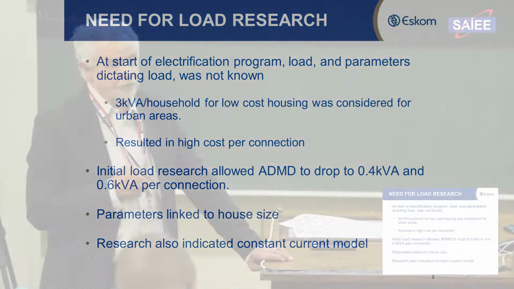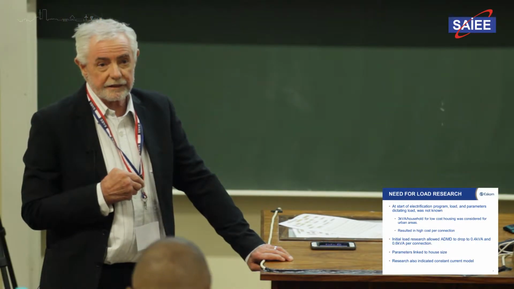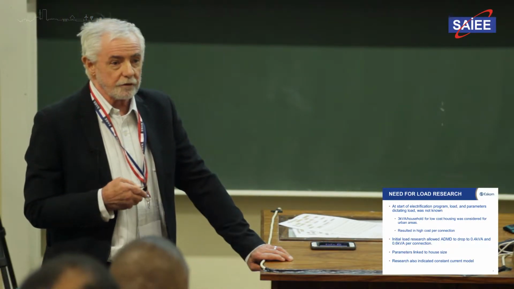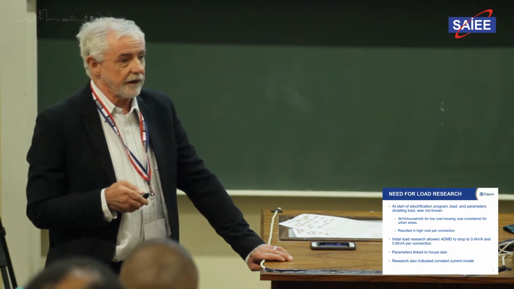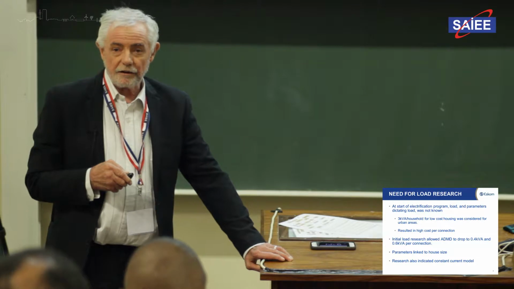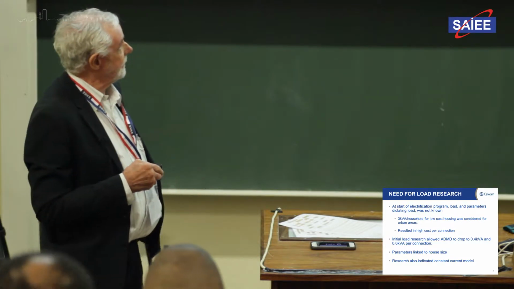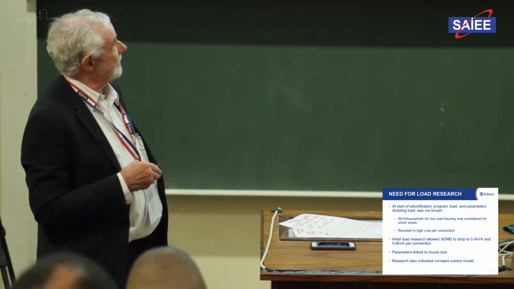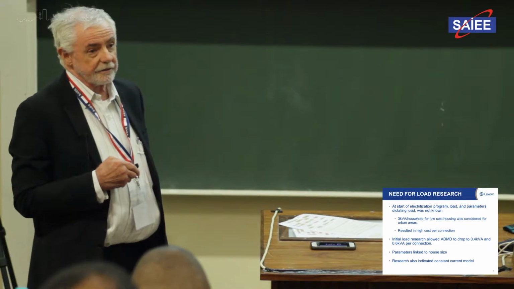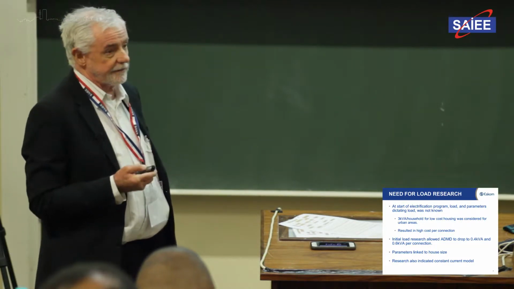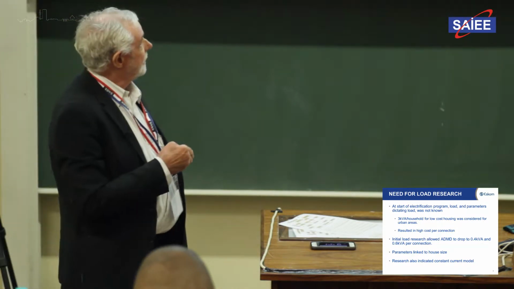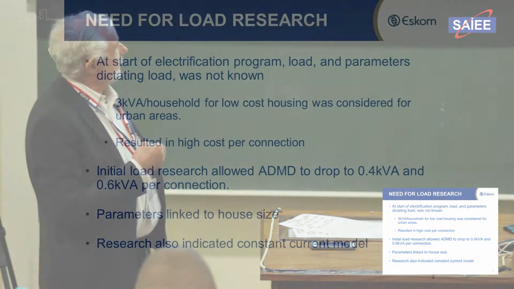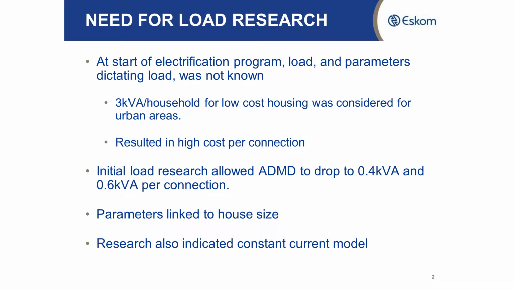So this dropped your cost per connection phenomenally. This is one of the important factors of load research, so that you can design appropriately. Otherwise, you can start putting really expensive networks down, which affects other people who then don't get connected because there's no money. The parameters we found initially were linked to house size because we didn't have growth.